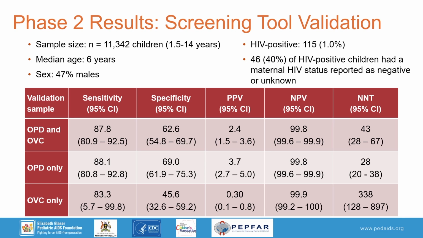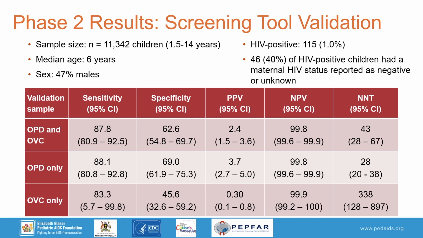In the validation study, we screened and tested 11,342 children under 15 years old. 115 children tested positive for HIV. Of note, 46 of the HIV positive children had maternal HIV status reported as negative or unknown.